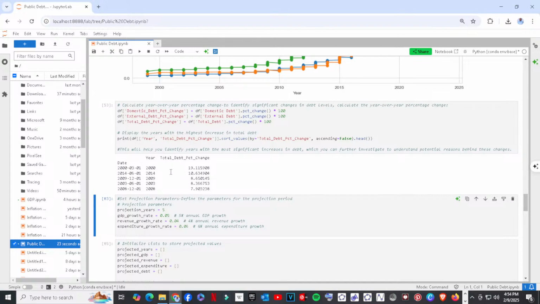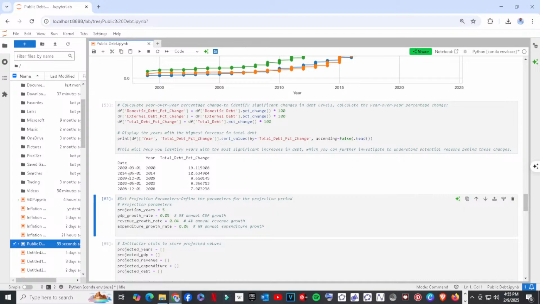What we see here is that the percentage change noticed in March of the year 2000 was about 19.115908%. That is the highest that we have ever recorded. In that particular time, the debt that Kenya secured was of such a high magnitude compared to what we had witnessed before.